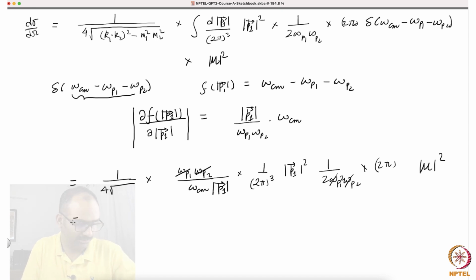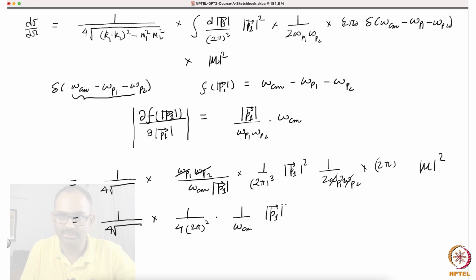So I'll write it down: 4 times that square root times 1 over 4 into 2 pi square into this 1 over omega cm, and then this p1 gets cancelled with this p1 square, so I have only p1 modulus square, and then I have matrix element square. Did I miss something? No, everything is here.